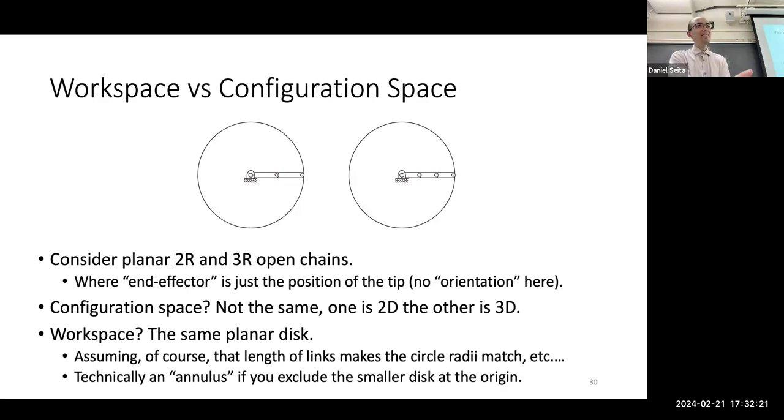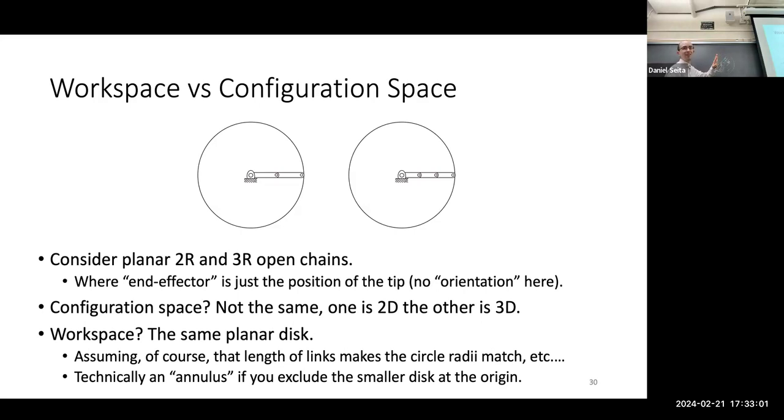Yeah. The meaning of the 2D and 3D here in configuration spaces is that we use two or three parameters to specify the actual state of the robot. Yeah, that's correct. The reason why we have 2D and 3D is because those are the minimum number of coordinates we need to specify where the robot is. For a configuration space, we need to know the full state of the robot, because this configuration is different from that configuration.